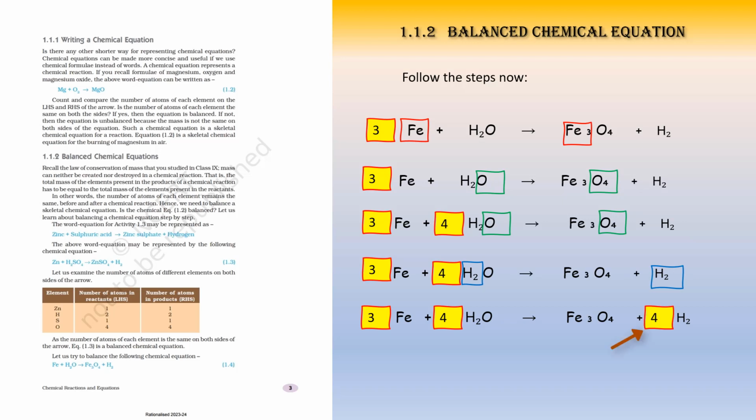Let's put a 4 here. On the left also, there are 8 atoms of hydrogen. On the right, that is the product, also now there are 8 atoms of hydrogen. So all the elements that were there, iron, hydrogen, oxygen, have been balanced. So this equation is now a balanced chemical equation.